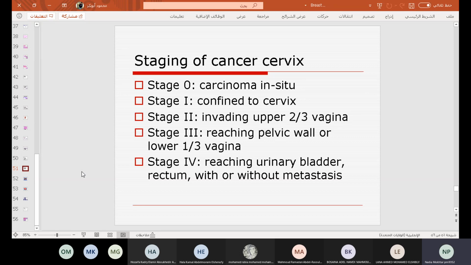Stage 2, if it invades the upper two thirds of the vagina. Stage 3, if it reaches the pelvic wall or the lower third of the vagina. And lastly, stage 4, when it reaches other organs in the vicinity like the urinary bladder or rectum, even if it did not show any lymph node metastasis.